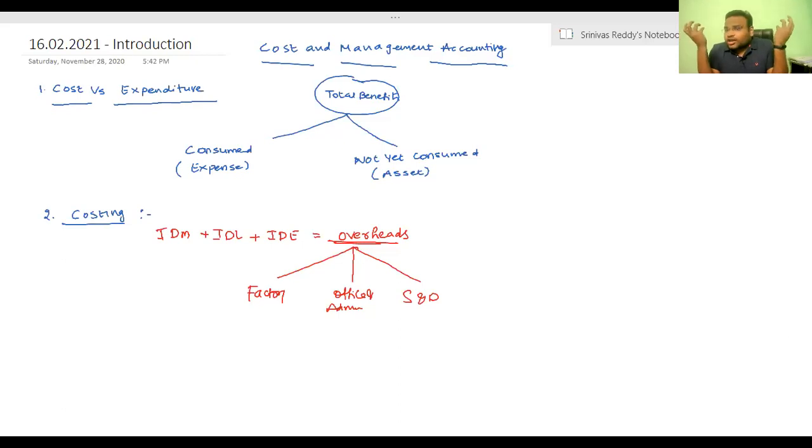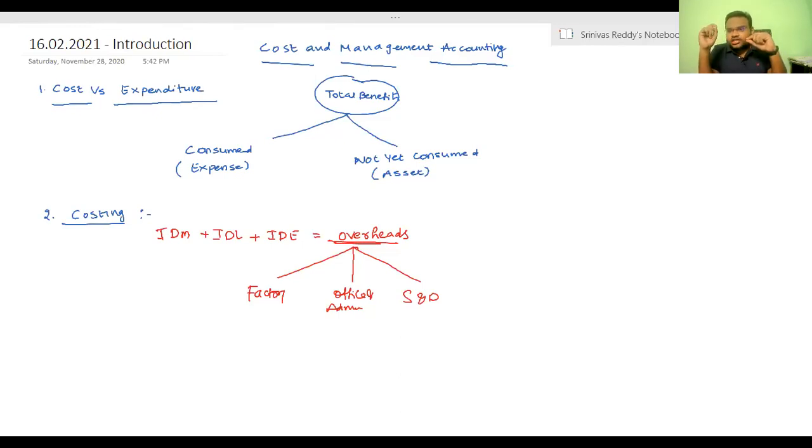Now, what is the control? The organizations have control only on the cost. They can only reduce the cost to get the profit, because selling price is fixed by the market players based on the competition. To get the profit, it is a combination of sales minus cost.